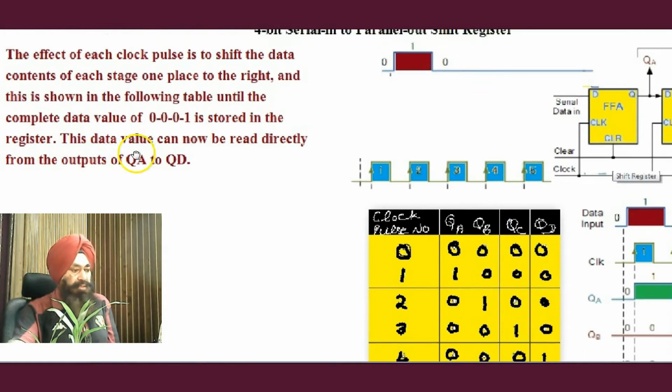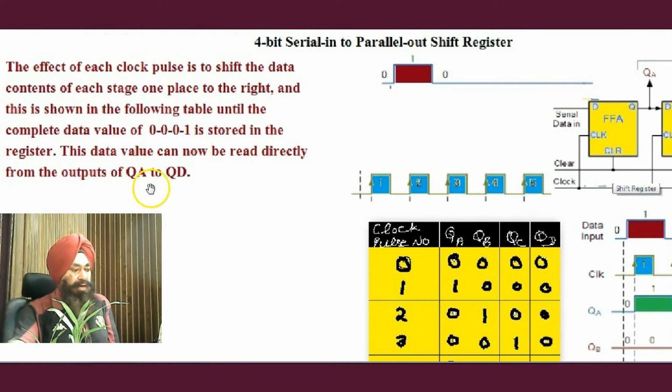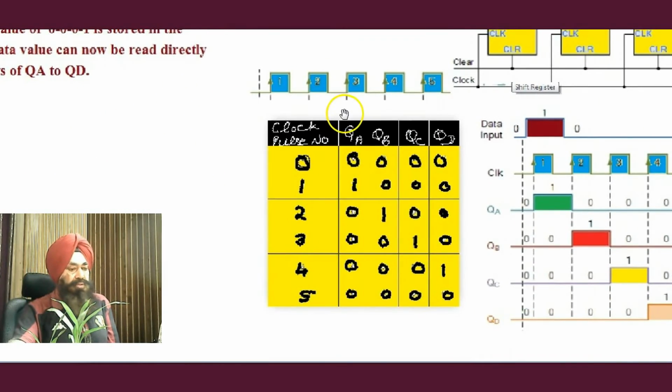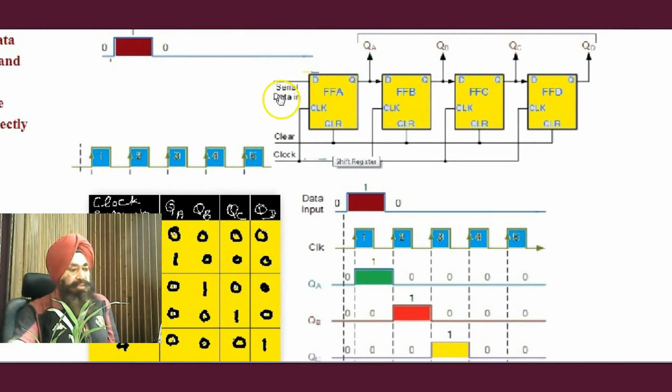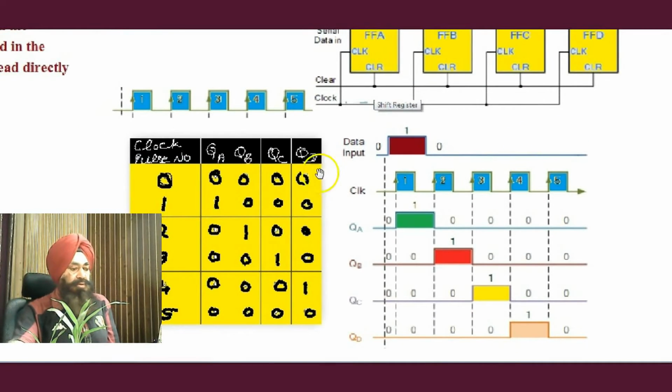This data value can now be read directly from the outputs QA to QD. So this is the action, very simple, just shifting the data when the clock arrives. The data here is shifted to this place with the clock. When again the clock arrives, this data is shifted here. When again the clock arrives, this process continues. So this is the working. Okay.